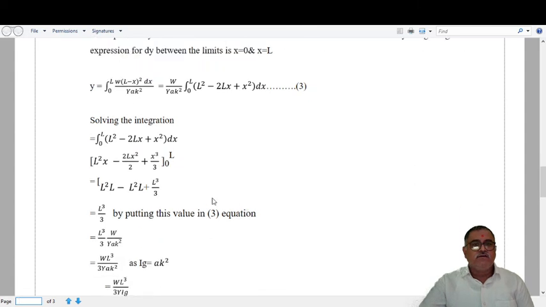We are here going to solve this integration, that is the integral of L square minus twice Lx plus x square into dx.